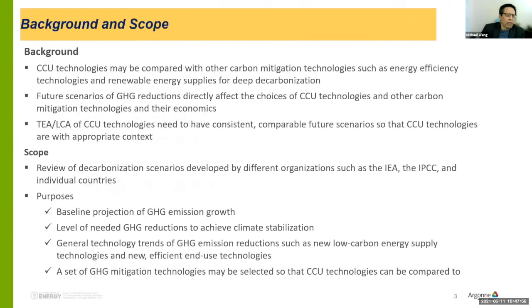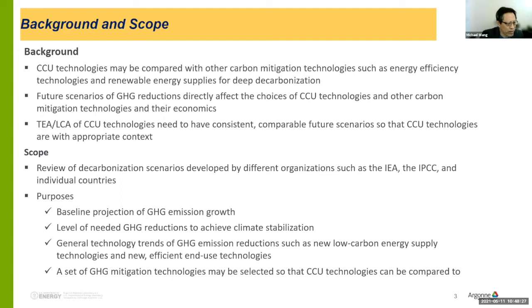So the background and the scope. The background of this team is to put CCU technologies into perspective. CCU technologies may be compared with other carbon mitigation technologies, such as energy efficiency technologies and renewable energy supply for deep decarbonization.